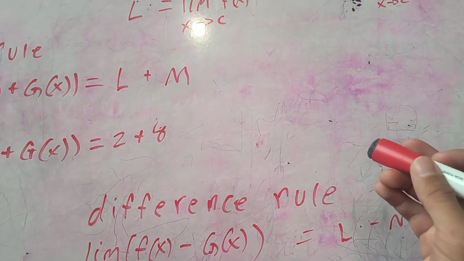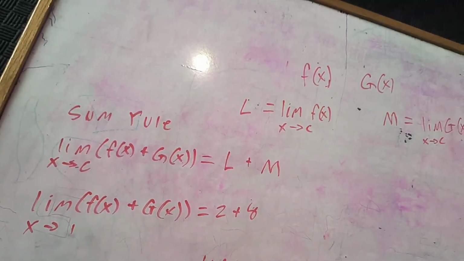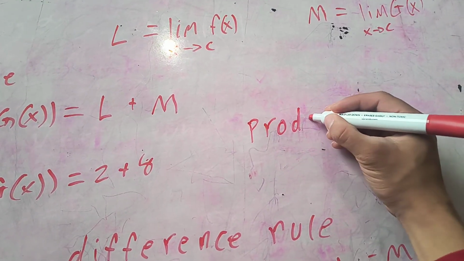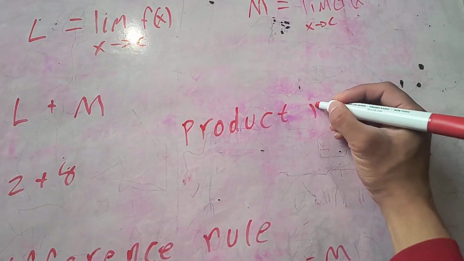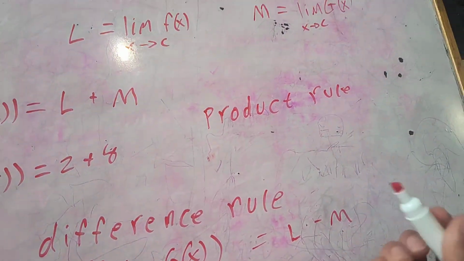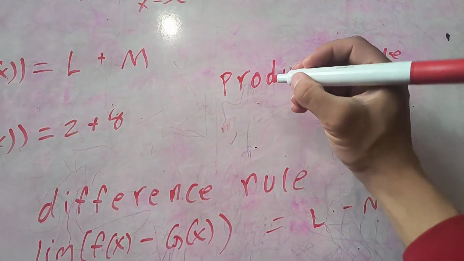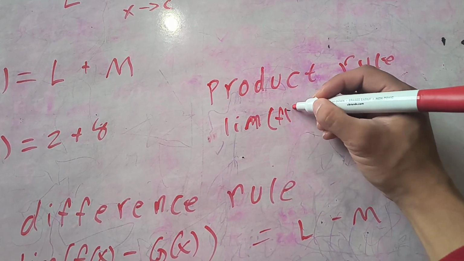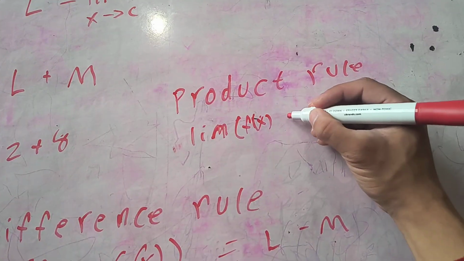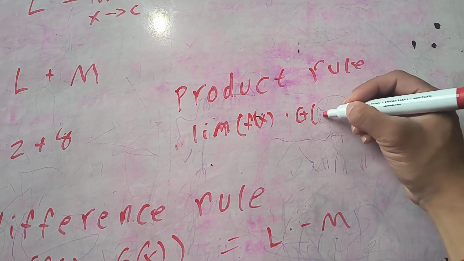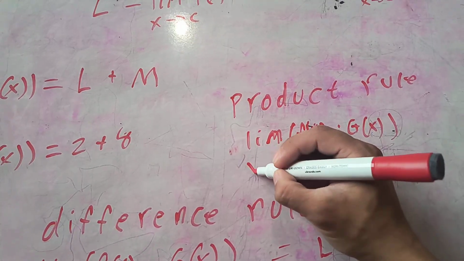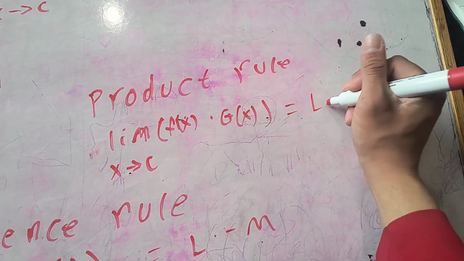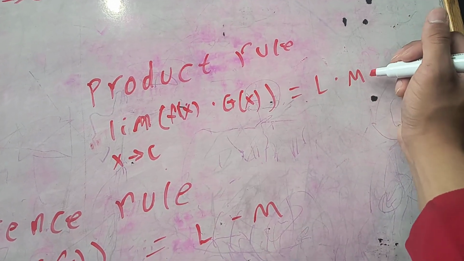Then the next rule is the product rule, which I imagine you can probably come up with. The product rule says that the limit of f of x multiplied by g of x as x approaches c is equal to L multiplied by m.